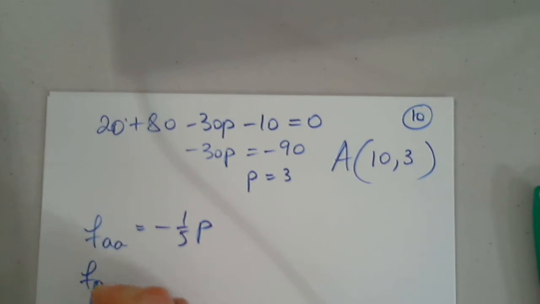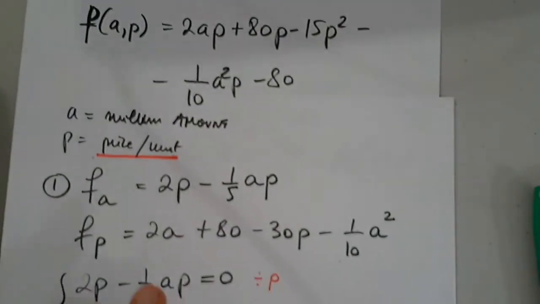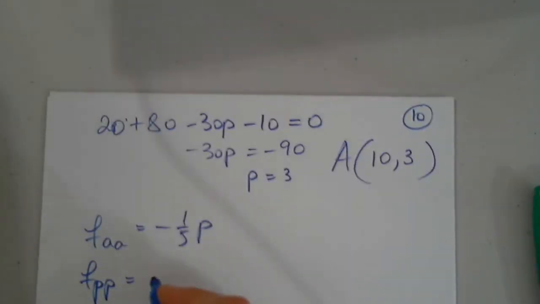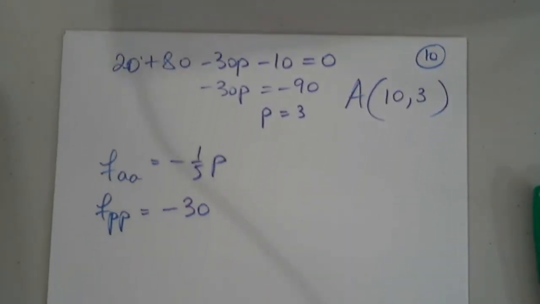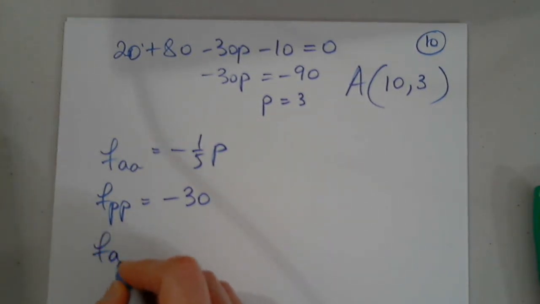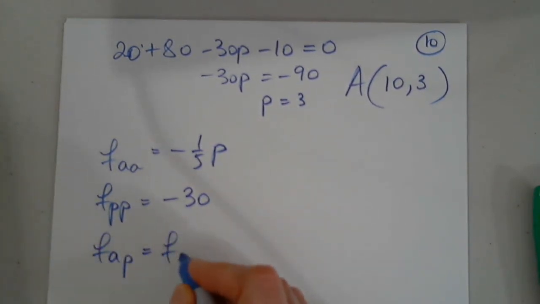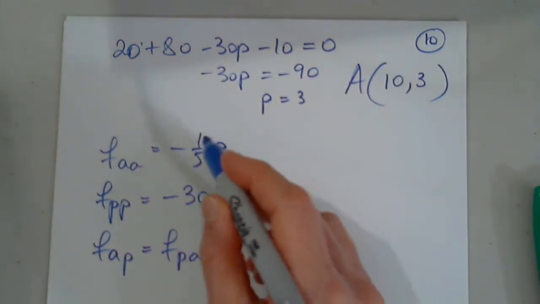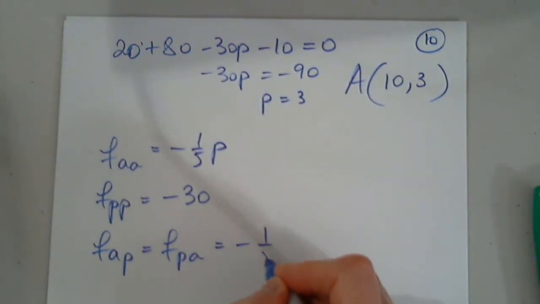Now FPP. No P, no P, no P, negative 30. And finally FAP, which is FPA. When I differentiate this with respect to P, I get negative 1/5.